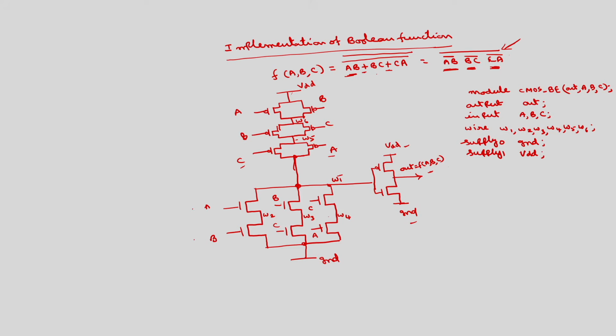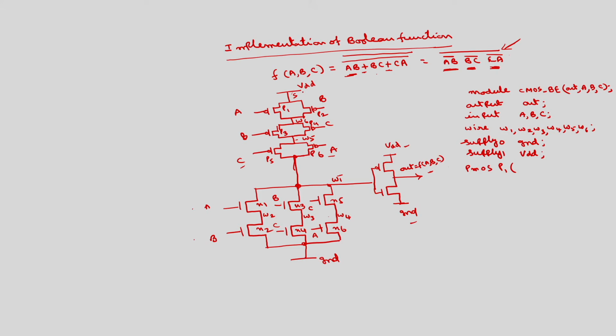We name the transistors; in total we have 12 transistors. We call them P1, P2, P3, P4, P5, P6, N1, N2, N3, N4, N5, N6. So, PMOS P1. What are the source, drain and gate?